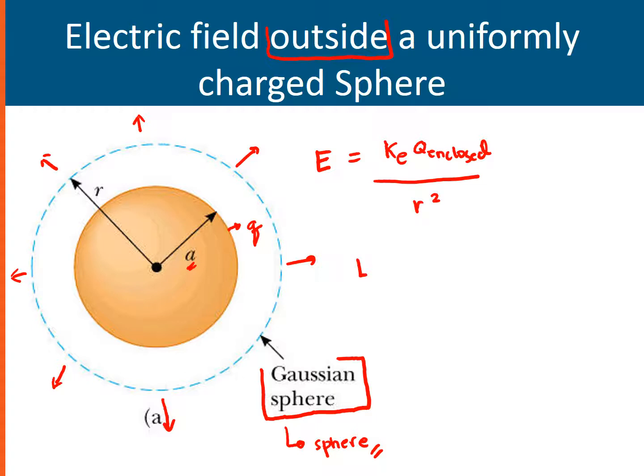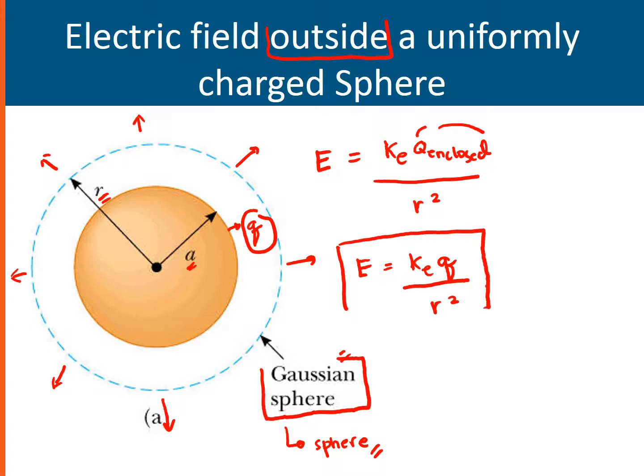So our electric field in this case is equal to Ke times our Q enclosed, meaning the charge inside our Gaussian surface, which is actually Q, divided by r squared. As a matter of fact, this is the formula for the electric field outside a uniformly charged sphere.